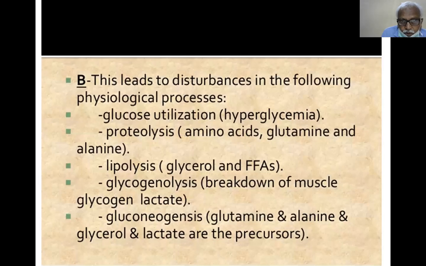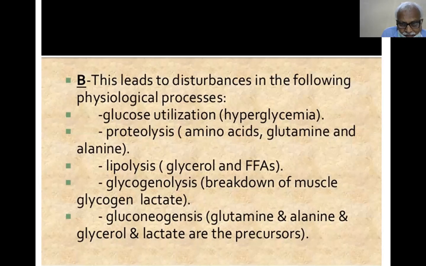So this leads to disturbances in the physiological processes. The glucose utilization will be decreased and hyperglycemia results. Glucose cannot enter into the cells because the carrier is insulin. So insulin-dependent cells will not be facilitating the entry of glucose into the cells.